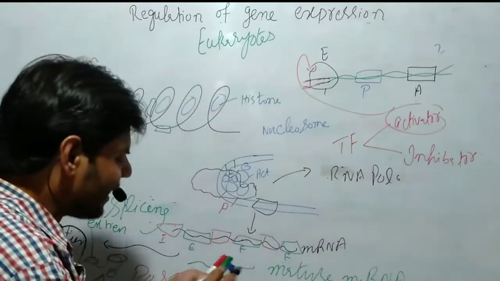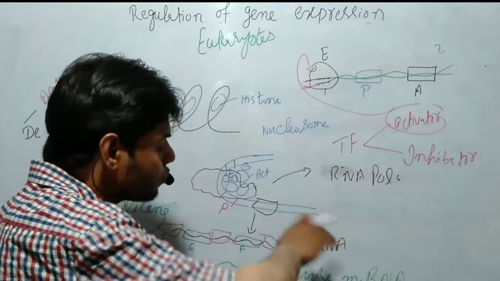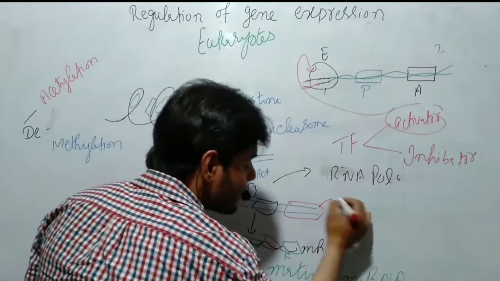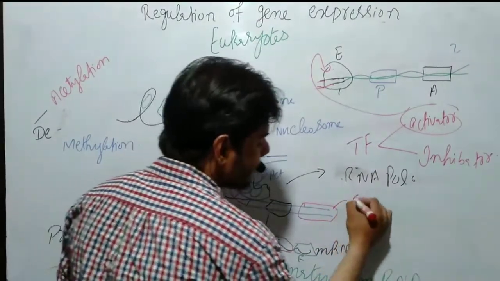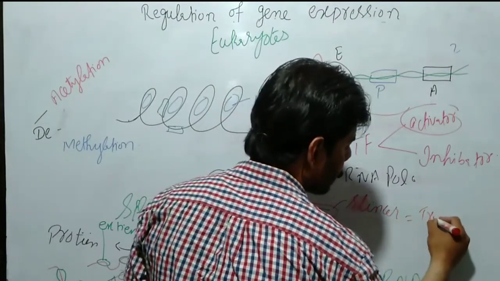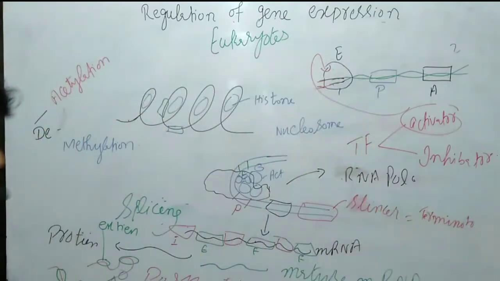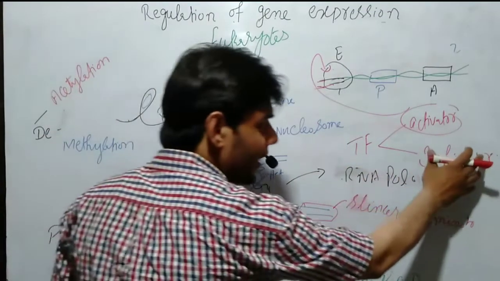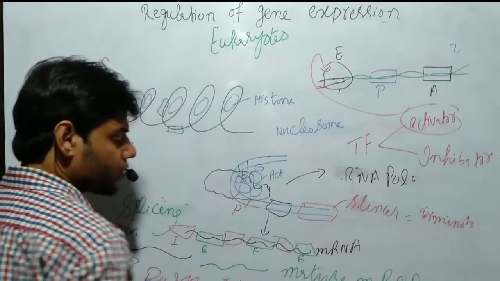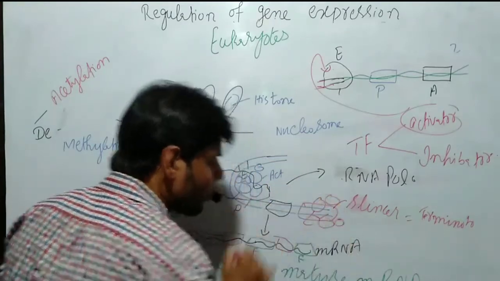So at that specific portion, upstream or downstream, let's suppose there is a sequence which we call a silencer or terminator sequence. What happens? Inhibitory proteins are activated and they bind to this silencer portion or terminator portion.